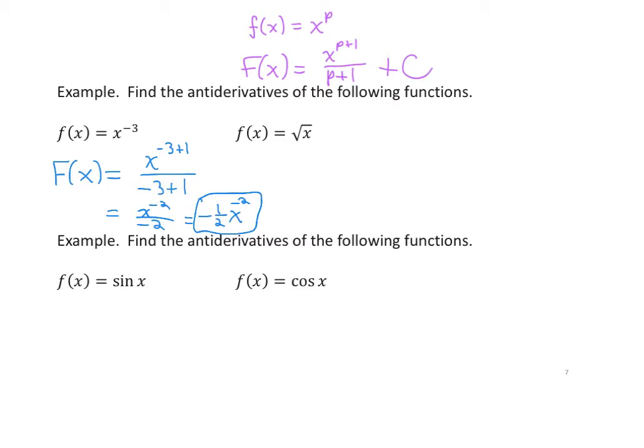What about f of x equals square root of x? Well, before we take any antiderivative, it would be helpful if we write it in the form x to the p, which would be x to the 1/2. Let's calculate the antiderivative. Capital F of x would then be x to the 1/2 plus 1 all over 1/2 plus 1.